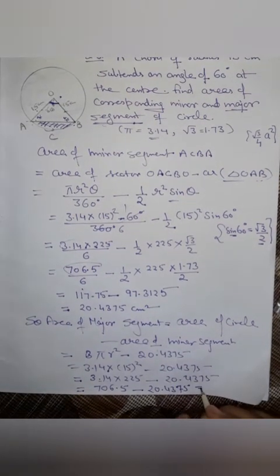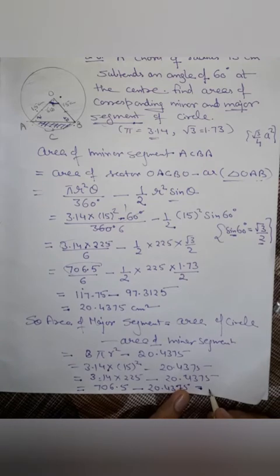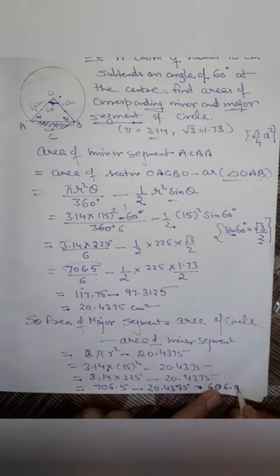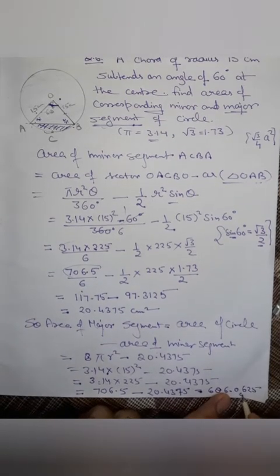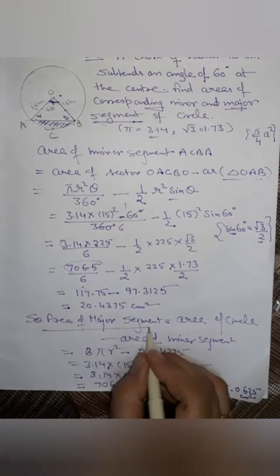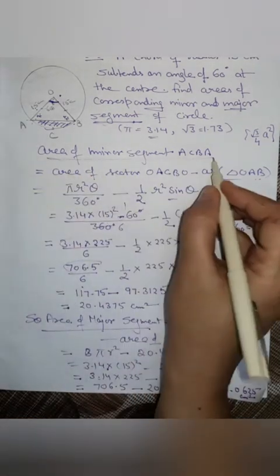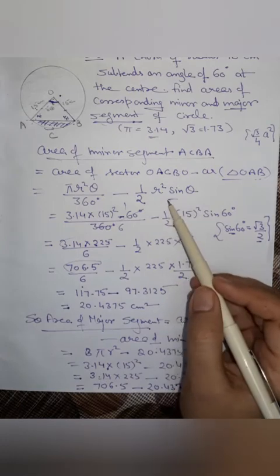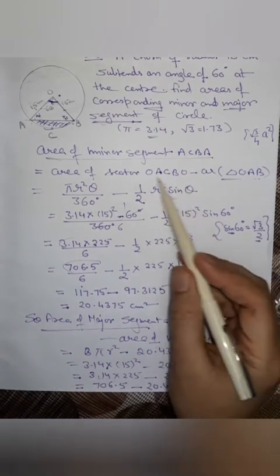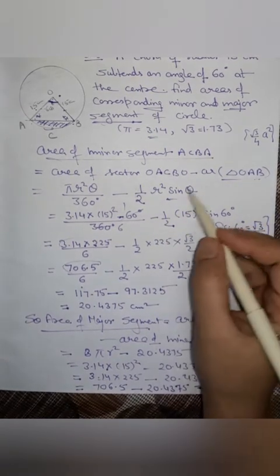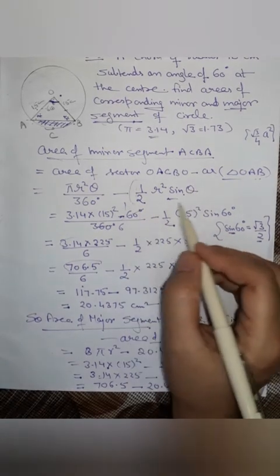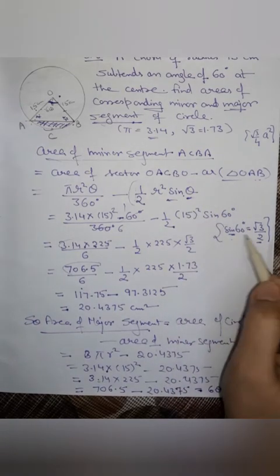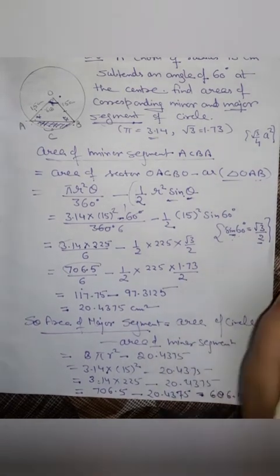After calculating this, we get 686.0625 centimeter square. This is the area of major segment and this is the area of minor segment. So here I want to specify that you can find this by the area of equilateral triangle also, or by the formula 1 by 2 r square sine theta, if you know the value of sine.